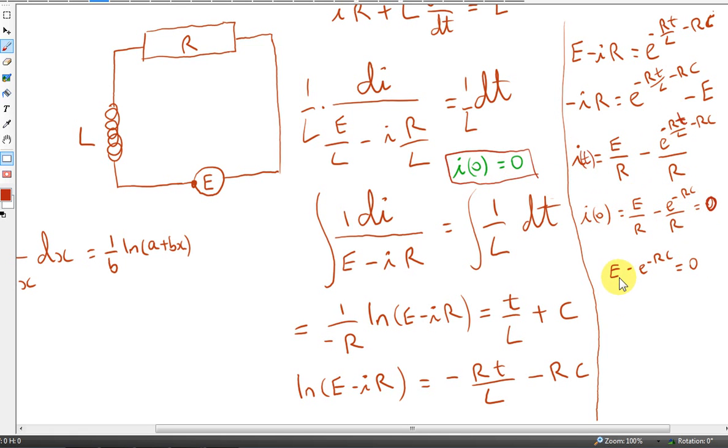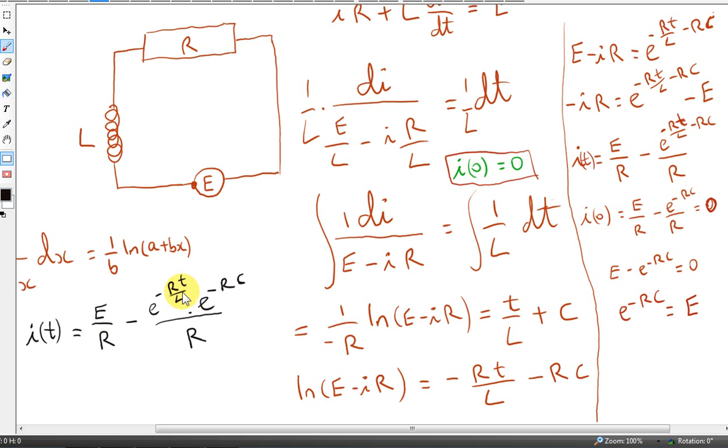So now we can see that e to the minus Rc can be replaced with E in our solution. We can write our general solution like this over here, so I'm just moving it over here. We can factorize the exponential term like this here. We just add the powers to get this back, of course, but we now replace e to the minus Rc with E.